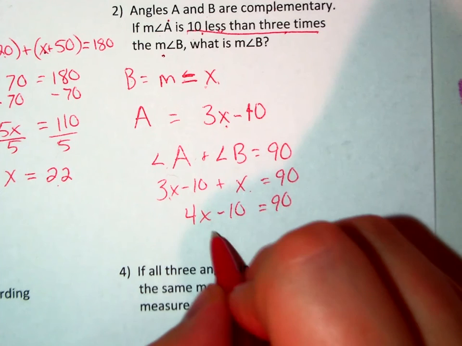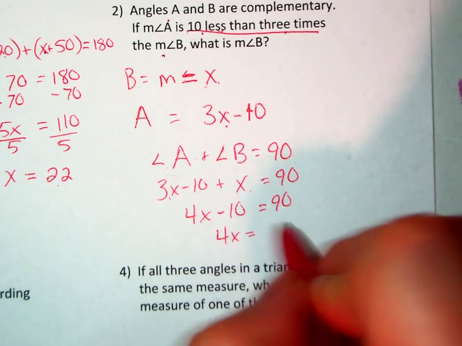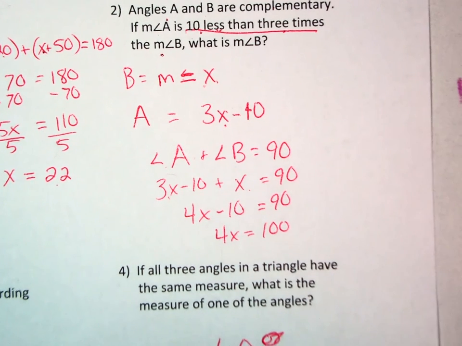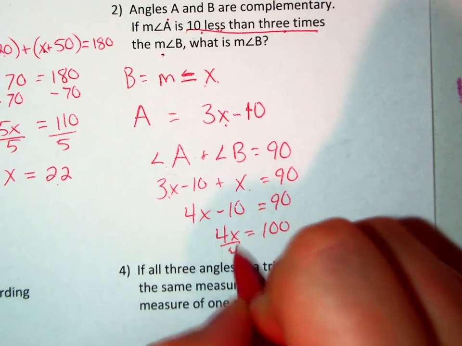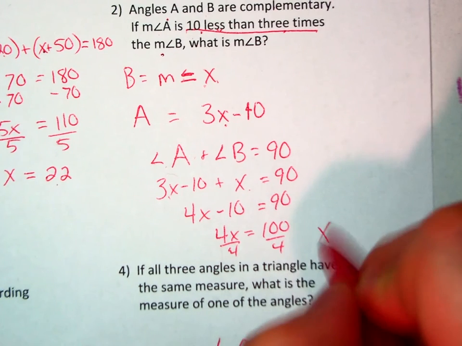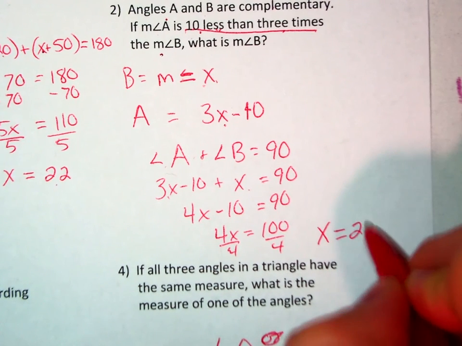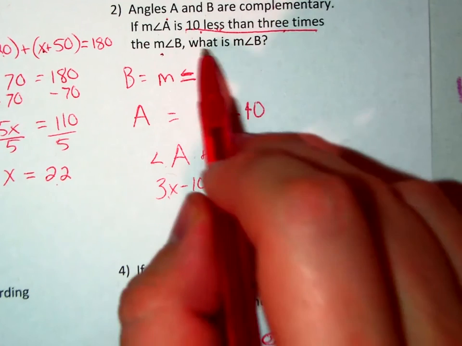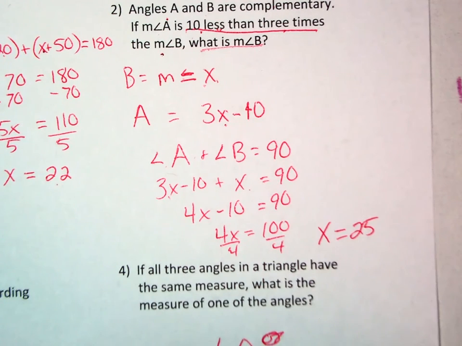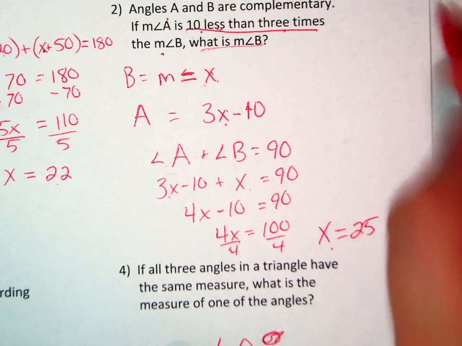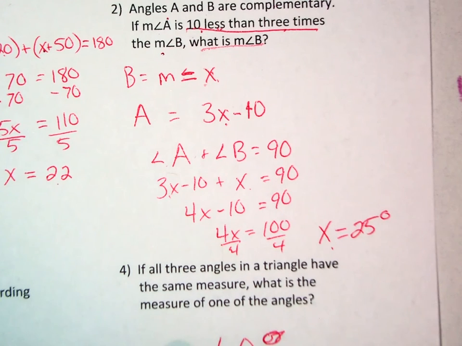Add 10 to both sides, so 4x equals 100. And finally, we divide by 4. My value of x is 25. Now we're looking for angle B, and we determined that angle B is equal to x. So since x is 25, my angle B is 25 degrees.